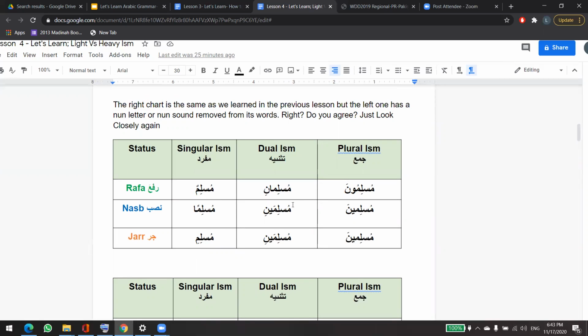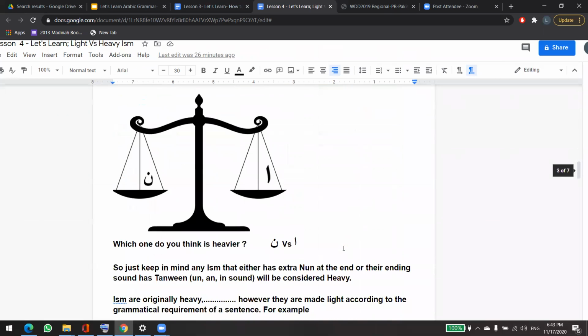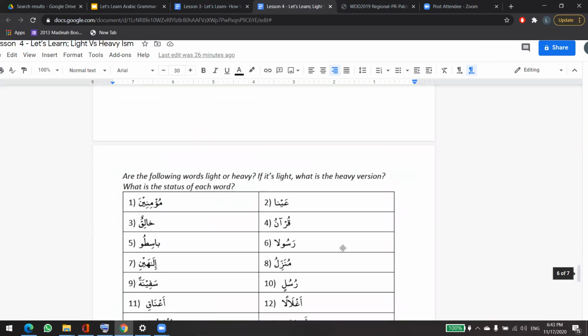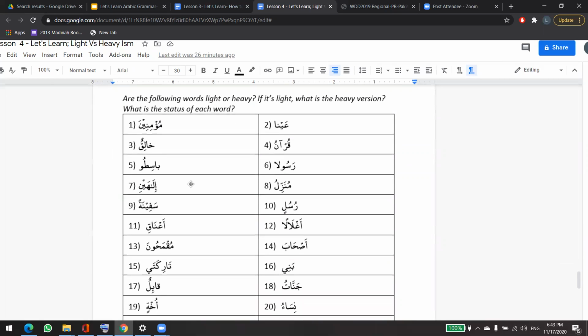No. Muslimani, Muslimaini, Muslimaini. No. Now we have the plural: Muslimuna, Muslimina, Muslimina. Una, ina, ina. Mu'minina. Okay, let's go back. Sorry, I'm scrolling so fast. But look, mu'minina, ina.